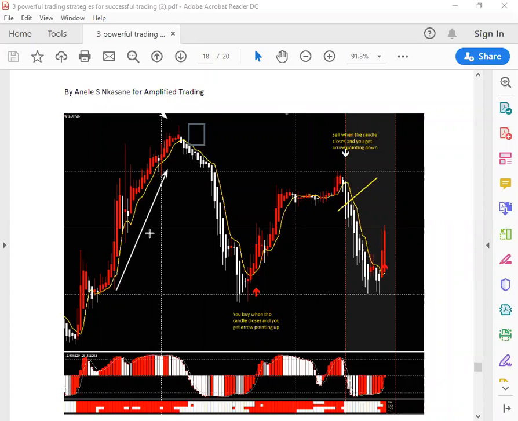Now the best way to think about Heiken Ashi candles is not so much the amount of pips, but more the momentum. Not sure if I'm making sense, but you get a series of candles, let's say red candles, which are going up. You can customize it.